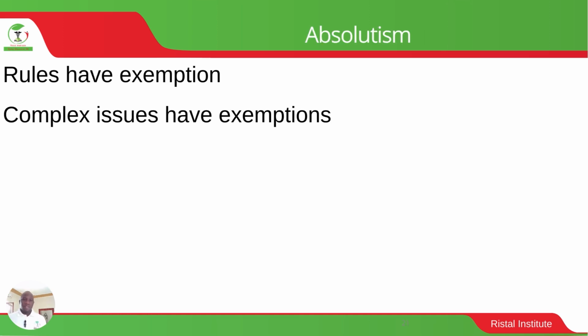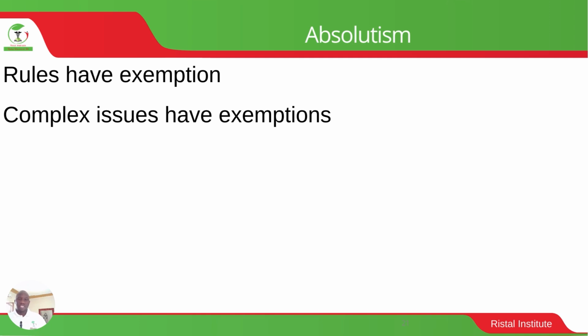Absolutism. This is when someone has no exemptions. You look at situations as though there are no exemptions. No, there are situations which are very complex, and there are exemptions to the rule. So you need to understand that you can be faced with complex issues, and these issues can have exemptions.